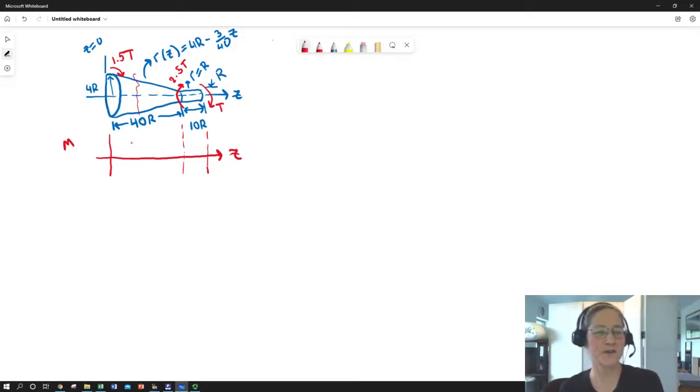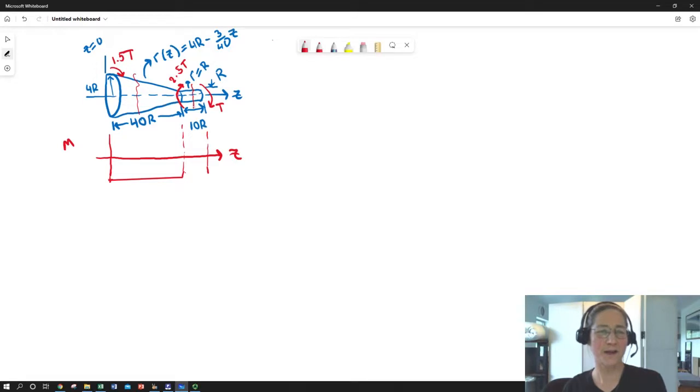So if I section the shaft here, I would have to be applying a negative 1.5 t to keep that cut end in static equilibrium. And then at this point, I have another externally applied torque to the tune of 2.5.